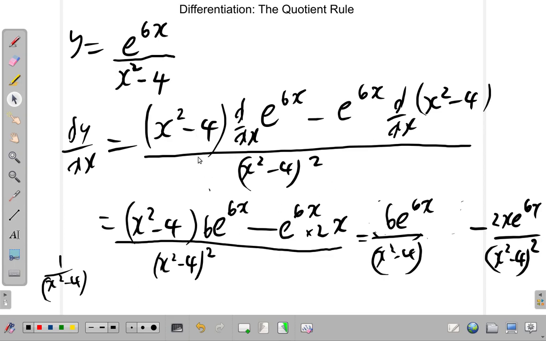So this is x squared minus 4 times 6e to the 6x minus, we keep e to the 6x as it is, then differentiate this and you get 2x, over x squared minus 4 squared. And of course you put the 6e to the 6x in front as is customary, and put the 2x in front to get 2x e to the 6x as is customary.